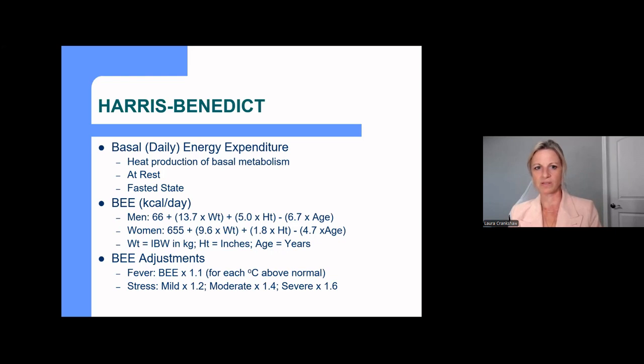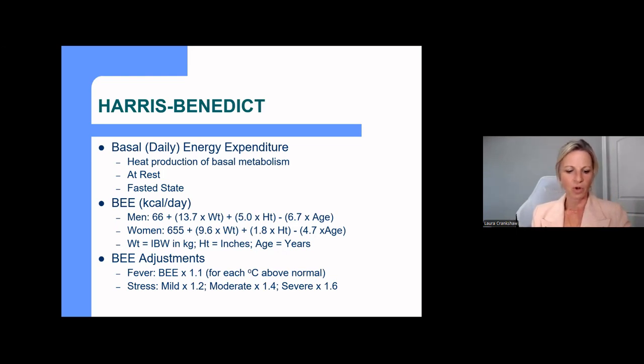It provides an estimate of somebody's basal energy expenditure, or basal metabolic rate, essentially the minimal number of calories that somebody needs for basic body functions at rest. This is like as soon as you wake up, you're in a fasted state, you haven't done any activity yet. What basal energy do you need just for basic body functions like digestion, breathing, metabolism, things like that?